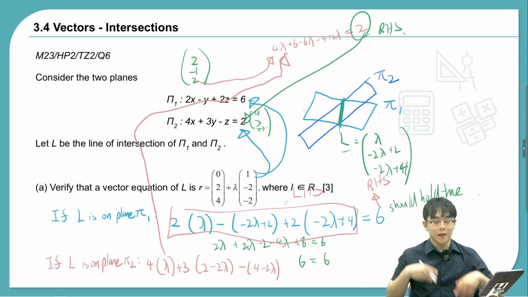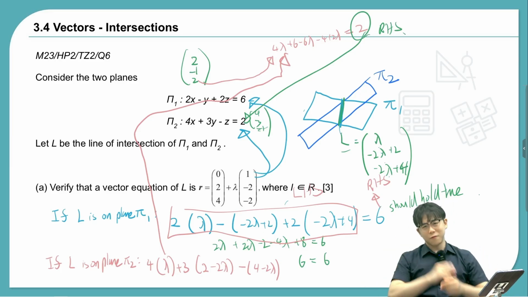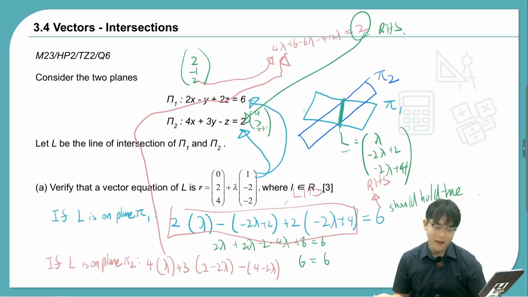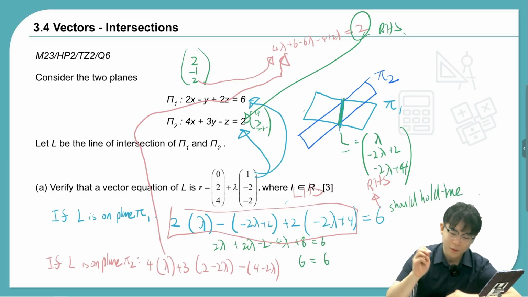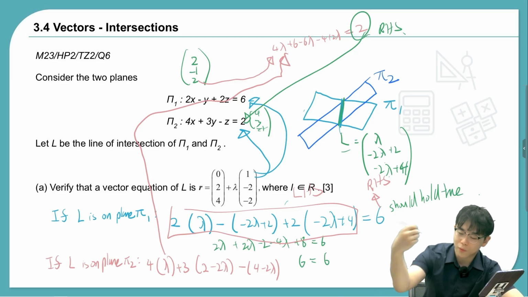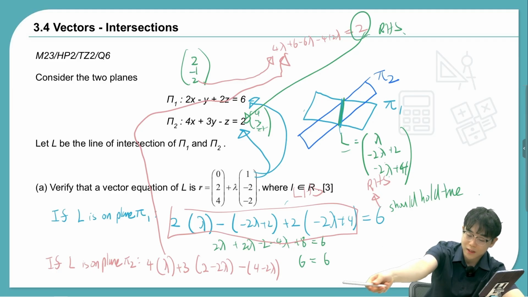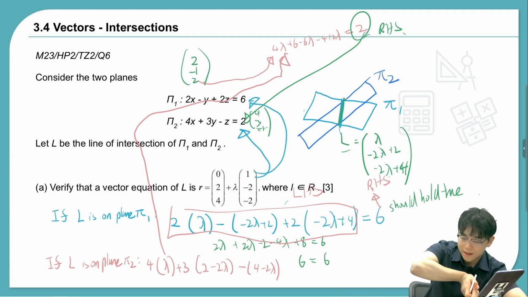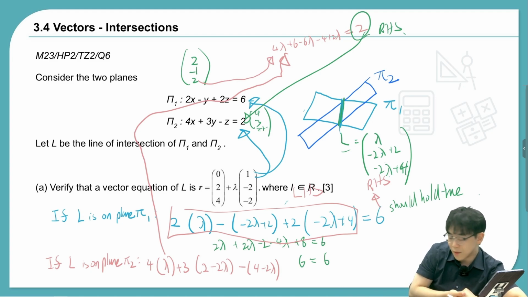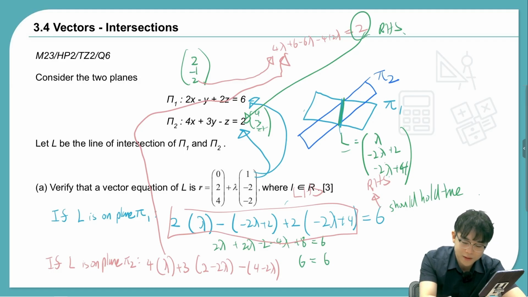So basically, whatever value of L we have for whatever parameter value of lambda, the specific XYZ coordinate also works and satisfies the equation for the plane pi2. Okay, so that's how we know that this vector equation of L, right, is indeed belonging to both planes, right, pi1 and pi2. So you just need to show that. It's like a mini proof exercise.